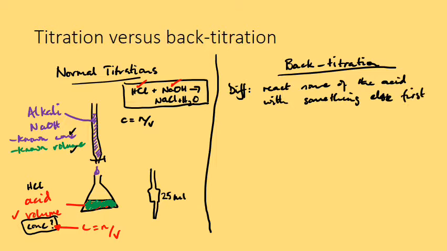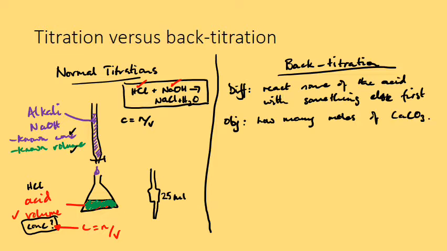Why do you do that? Well, your objective is different. Your objective in the normal titration was to find out the concentration of the hydrochloric acid. But with the back titration, you're going to know the concentration of your hydrochloric acid, and your objective is to find how many moles of something else, in our case it was calcium carbonate, wasn't it?